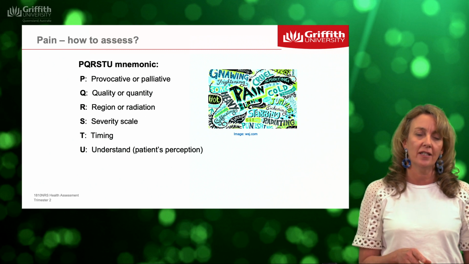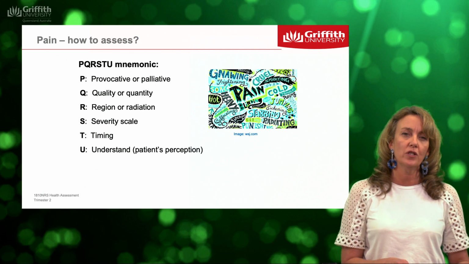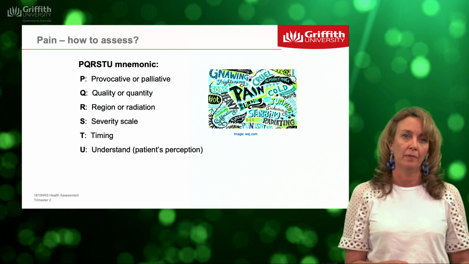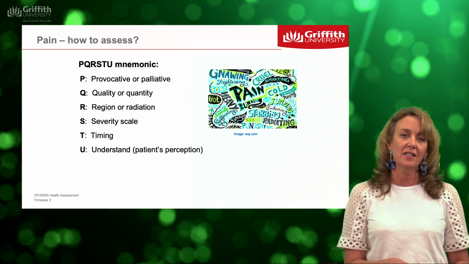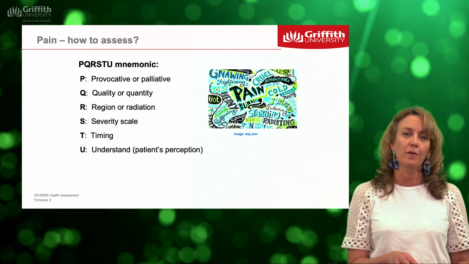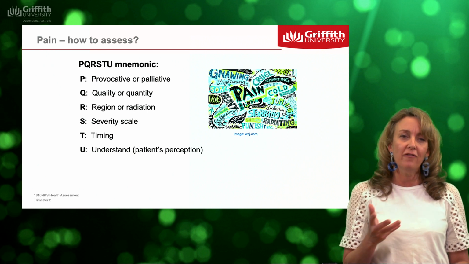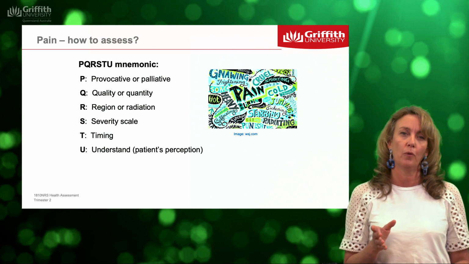And U is understanding. What do you think this pain is about? What do you think is happening with this pain? So that understanding can be important because from research they know that if a patient has feelings of impending doom, that is actually a red flag for something really terrible going on.